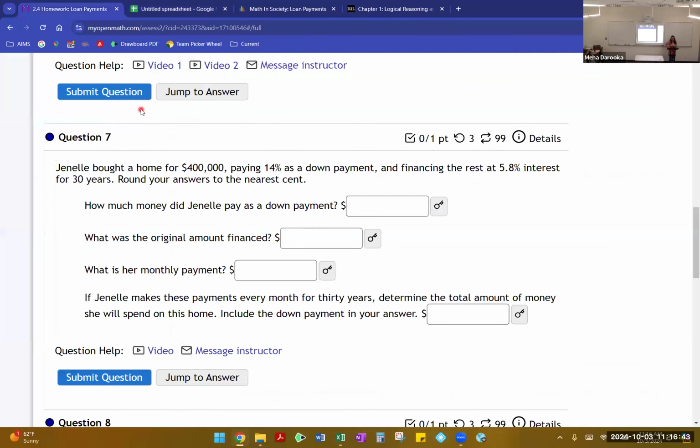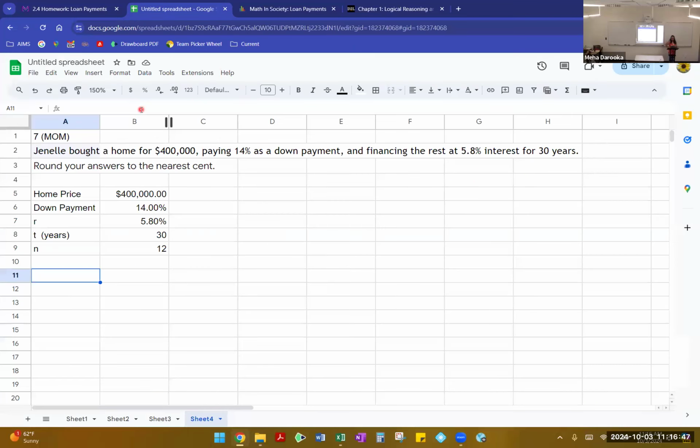So the first question is asking us to calculate the down payment. How much will Janelle put down for down payment? How do we calculate that 14%? Oh, come on, we talked about percentages in 1.3. How would you calculate it?